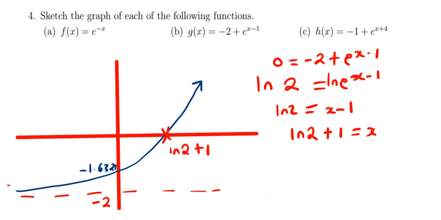Now when I punch natural log of 2 plus 1 on my calculator, I'm getting something like 1.69315, and so that is the x value here. Okay, so that's how I'm going to solve this one.